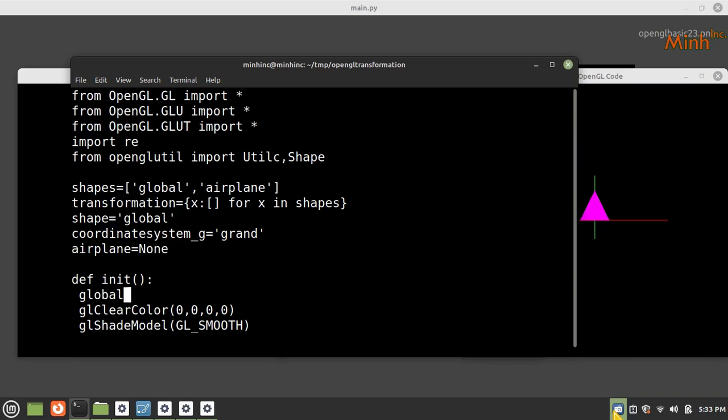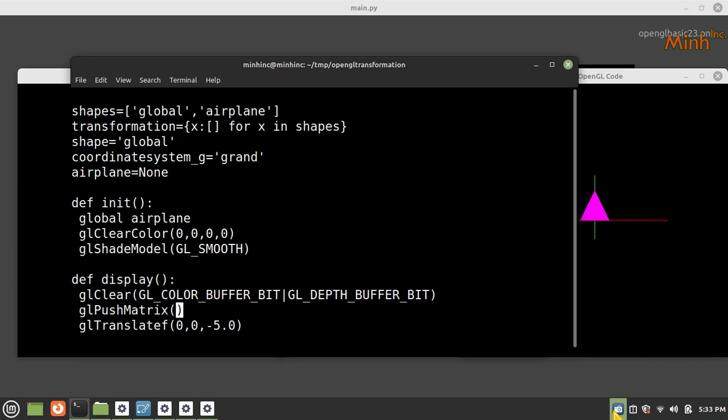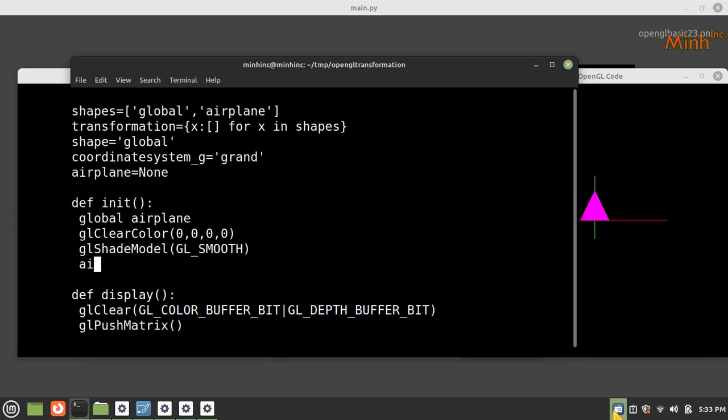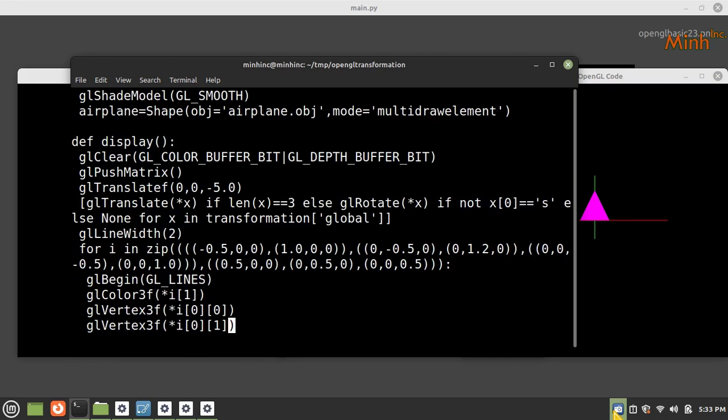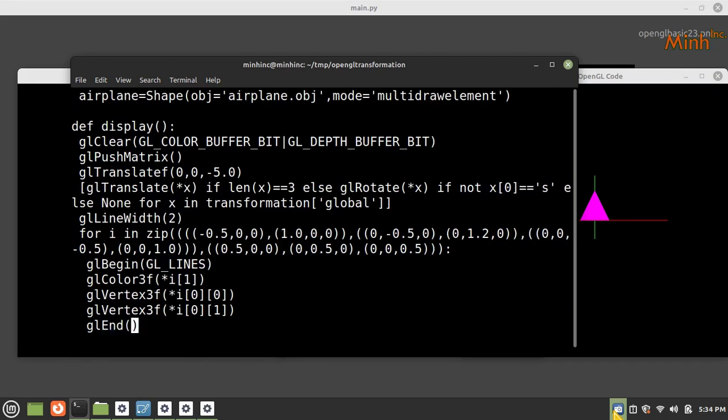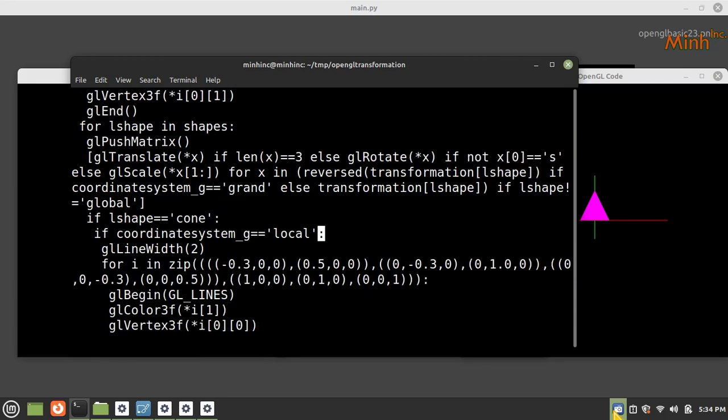Here we'll have a global airplane, and here we'll instantiate the airplane.